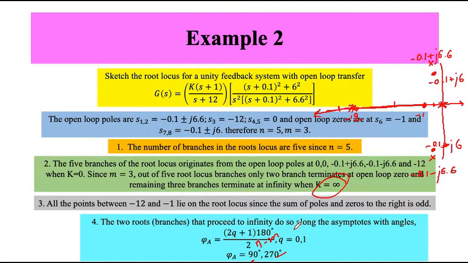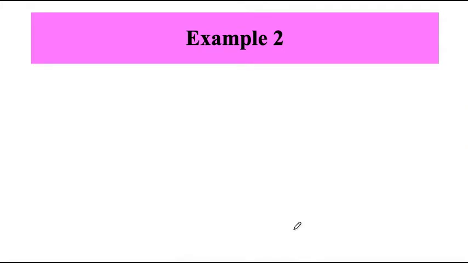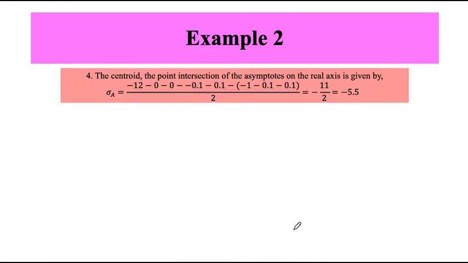Okay, now the centroid of the asymptotes, sigma A, can be calculated as the real part of all the poles minus the real part of all the zeros, divided by n minus m.